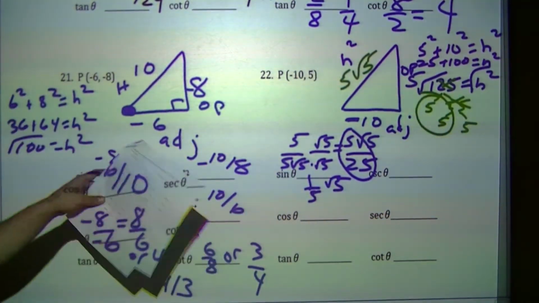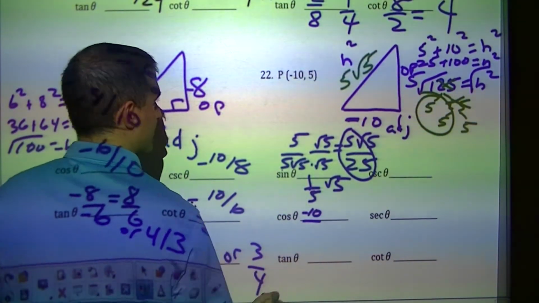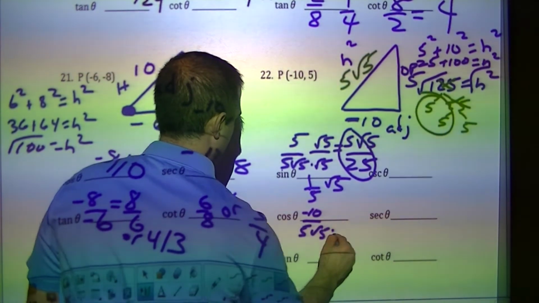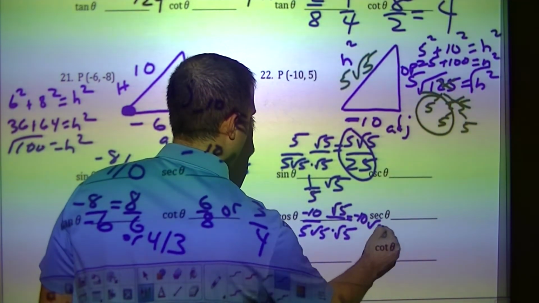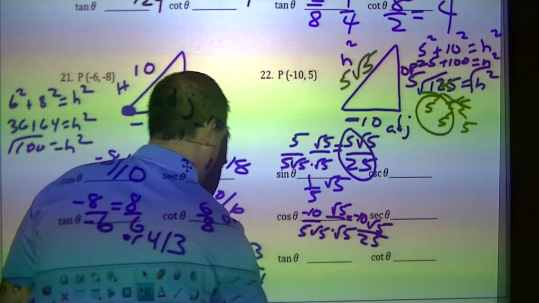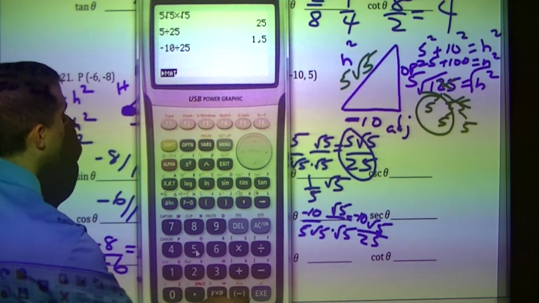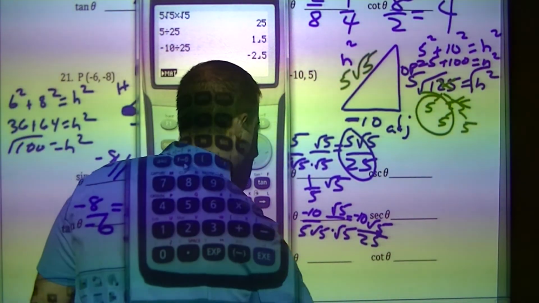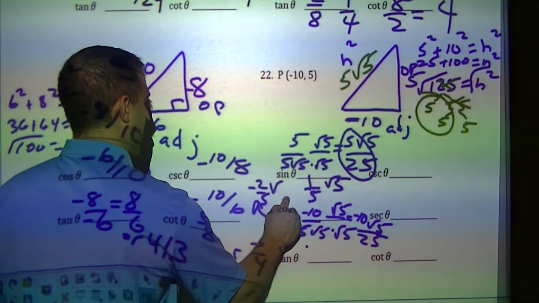Okay, for cosine, it's the same thing. Negative 10 over 5 square root of 5. I already know what that's going to multiply. It's going to be negative 10 square root of 5 over 25. Okay, and I'm going to do negative 10 divided by 25, and that's going to be negative 2/5. Okay, so the cosine one is negative 2/5 square root of 5.